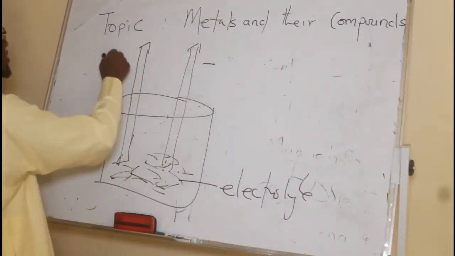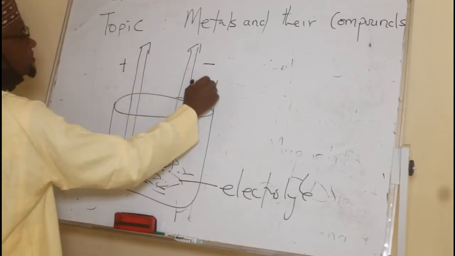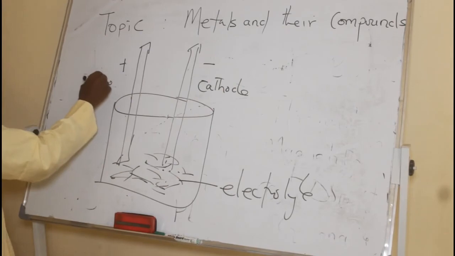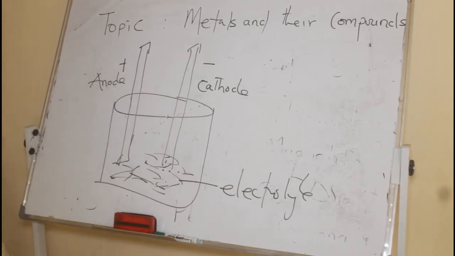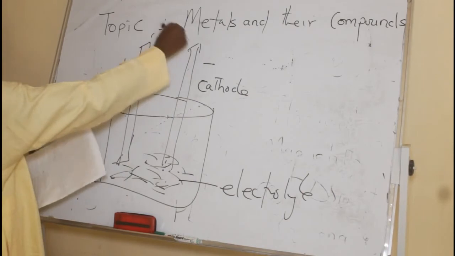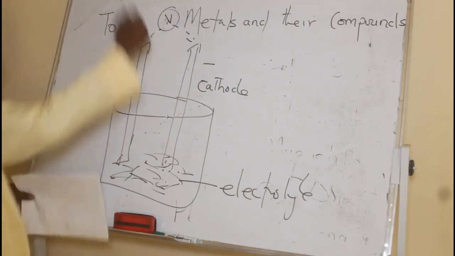This is negative, this is positive. We call this one cathode, and we call this one anode. So if you have an ion here, whether in a solution or in a molten form, and then you apply electricity to pass. Sorry. You have your voltage here.